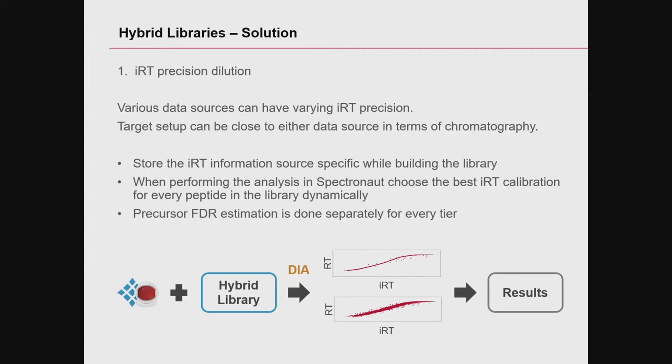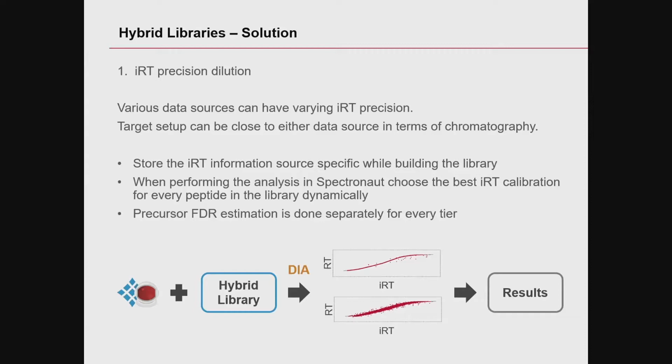And then in terms of the precision iRT, which is actually the topic of my talk, we can take these various sources that have varying iRT precision. In this case, it's the DIA data and the resource data, and we can store the iRT values of those in the library separately for each source.